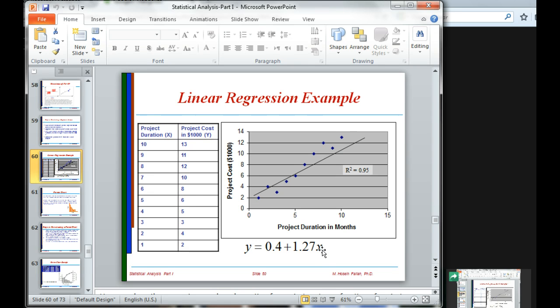Some people made the mistake of putting 250,000 in here, and so you got thousands of days, which was pretty high. But the whole dimension was in thousands, so you put 250 here for that equation, and you get the number of days, which was about 79 or 80 days. So that's how you do the regression.